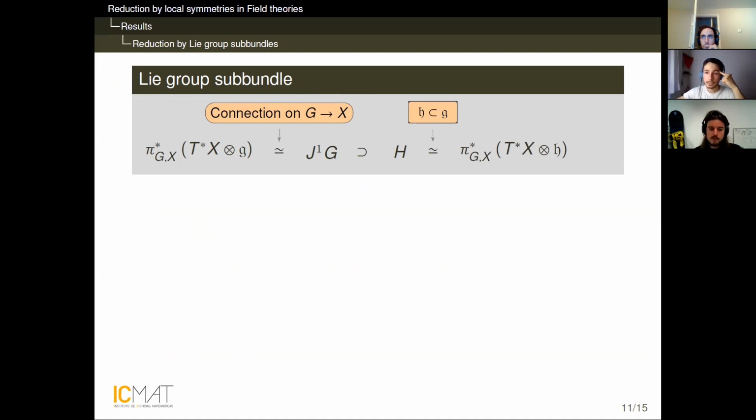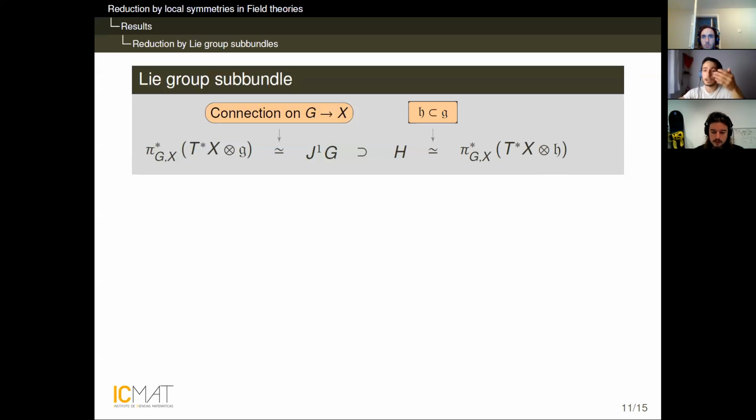As I said in the slide of the table, principal connections were a fundamental tool to study reduction. In the case of reduction by the whole group, any connection was needed, but now we need a connection, but we don't have a principal bundle to pick a principal connection, because the kind of action we have now is a fibered action, and the actions on principal bundles are actions of a Lie group on the whole total space of the bundle.